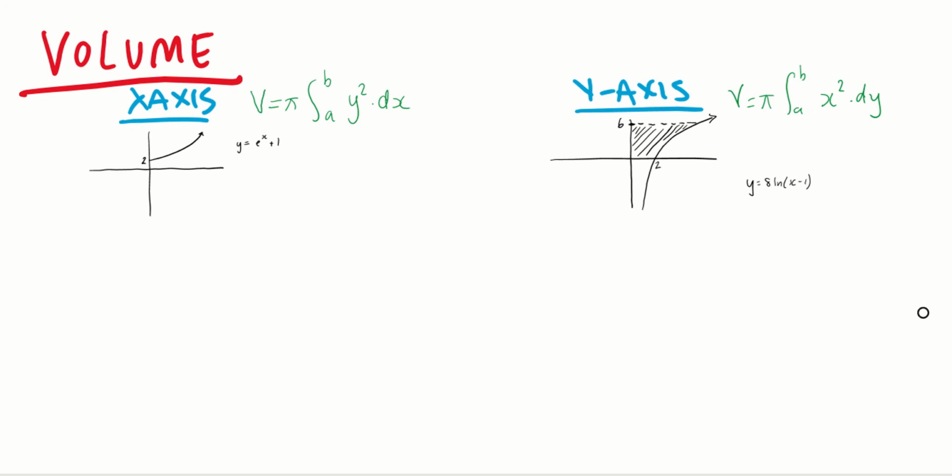How I taught my students to remember this is when it's rotated around the x-axis, you want dx, because it's around the x-axis. So when it's around the y-axis, you want dy. Then it's just the opposite letter being squared on each one. So remember that. The first thing the marker will want to see is that you know the formula and which one to use. So write it out.